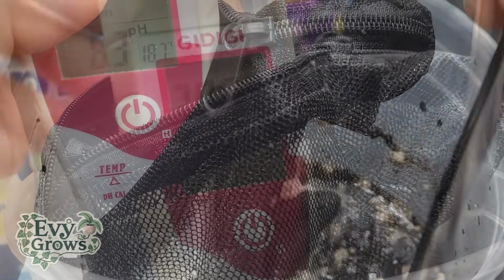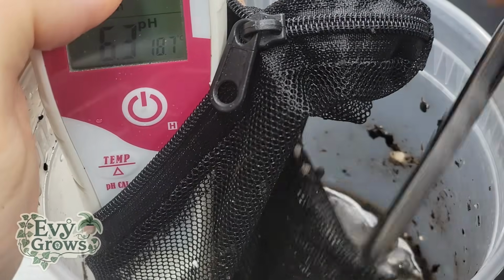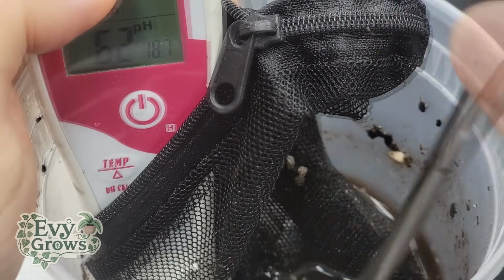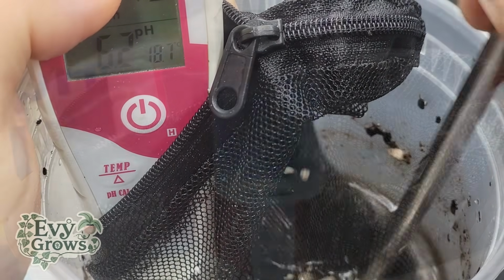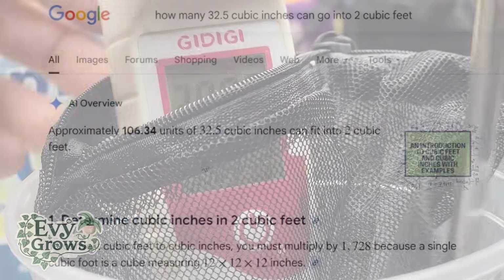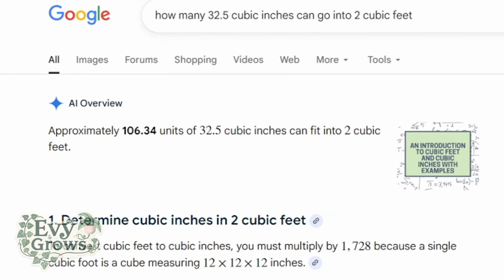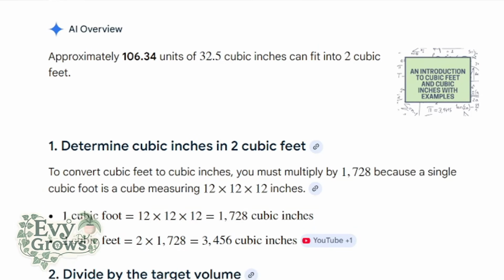Luckily for me, it took exactly 1 milliliter of pH up, so I know to balance a solo cup's worth of soil, I'll need 1 milliliter of pH up, but how many solo cups are in 2 cubic feet of soil? The answer is approximately 106.